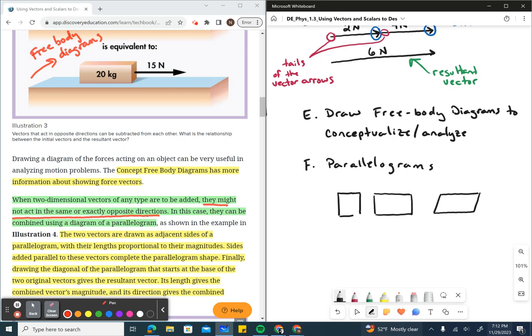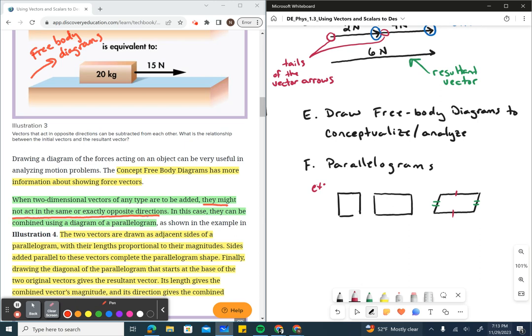The point is that this side is congruent with this side, and this side is congruent with this side. That means that they're the same length. Those are examples of parallelograms, right?